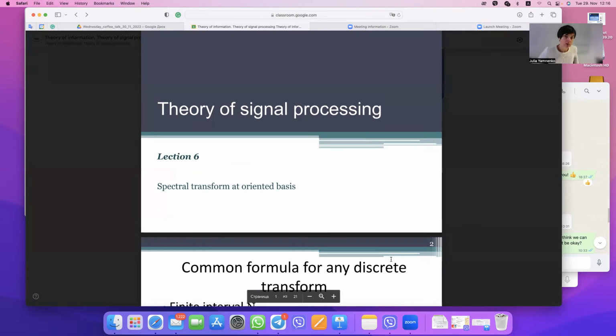Not only one, but some methods of spectral analysis, like the spectral transforms of Fourier, Hartley, Walsh, and Hadamard, and some other methods we already considered. And I hope you know more or less how to deal with these methods and how to apply them for a concrete task.